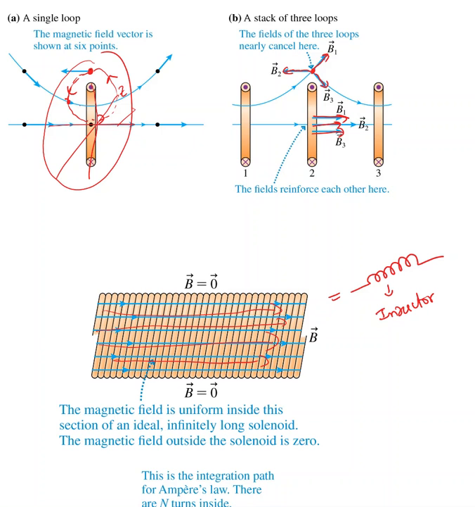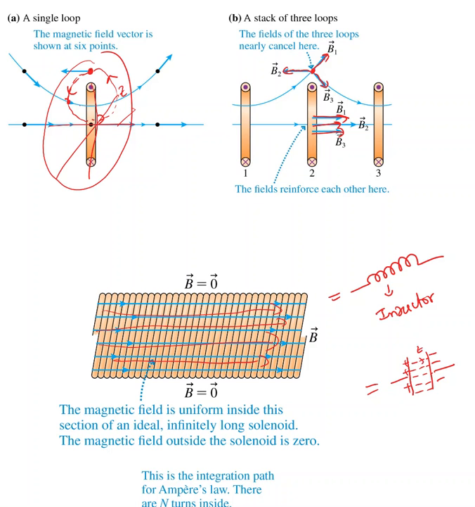This inductor or solenoid is approximately equal to a capacitor in your electric field. If you remember, you have a positively charged plate and a negatively charged plate. There is always electric field inside, in between the plates, and we know that the electric field is constant anywhere in between the plates.